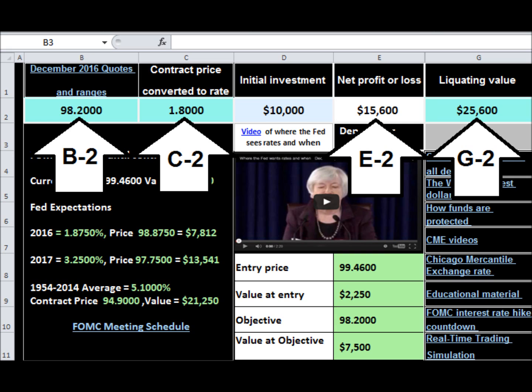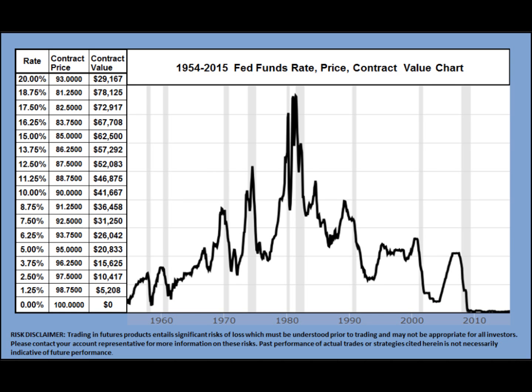This is just one simple long-term trade that runs over the next 14.5 months. Between now and December 30th, 2016, we have 10 Federal Open Market Committee meetings. Any hike or statement during the next 10 FOMC meetings could set aggressive momentum in motion with the futures markets pricing in the disclosed Fed expectations.